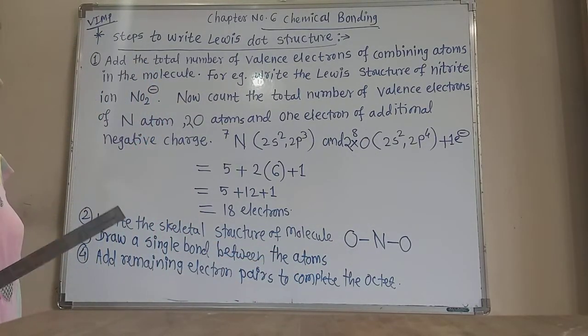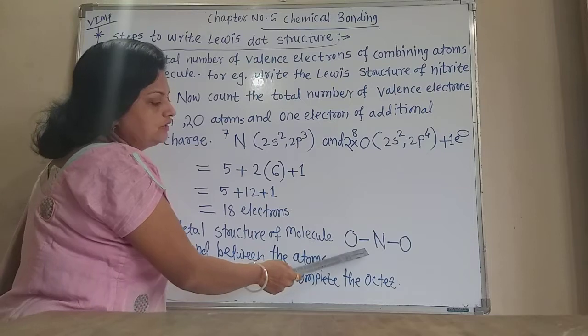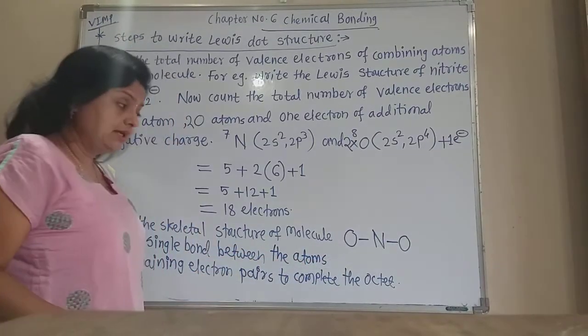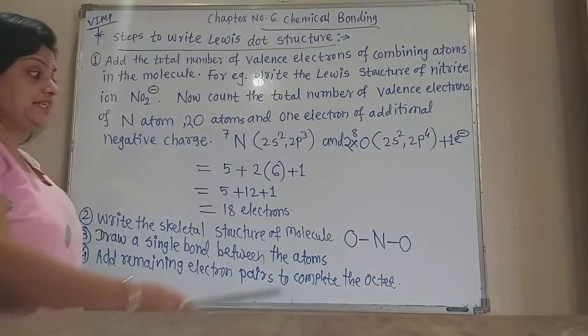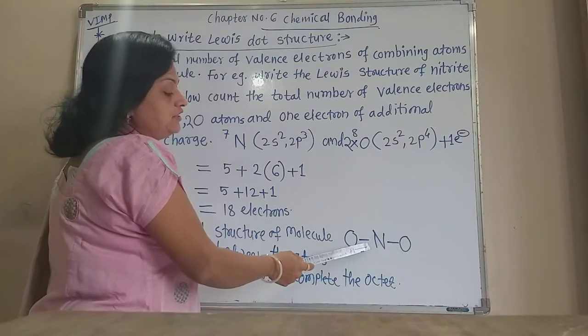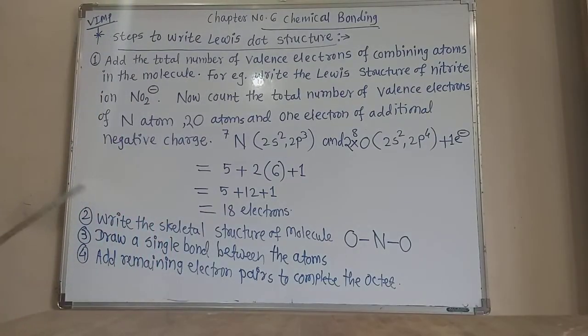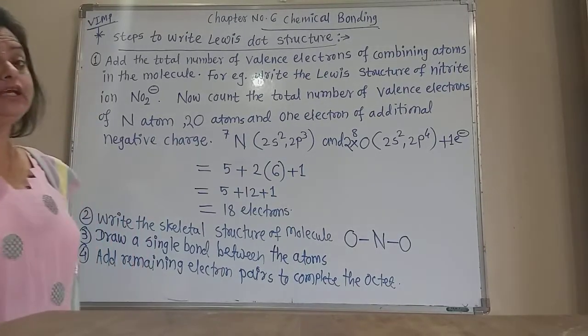So what is the electron dot structure of this nitrite ion? How are the remaining electrons shown? If we show 6 electrons on both of the oxygen atoms, then the oxygens complete their octets. Now 6 plus 6 is 12, plus these 2 and these 2, that is 12 plus 4, 16 electrons, and 2 electrons shown on nitrogen make 18 electrons.